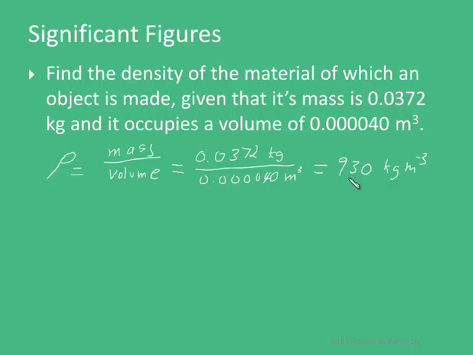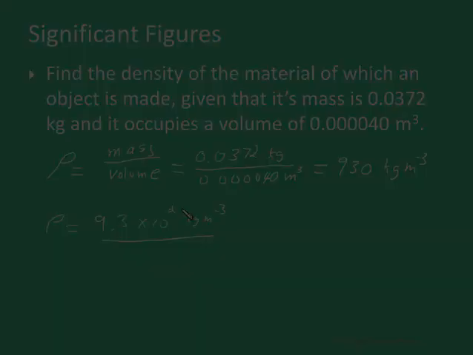Here, as we have this number, we are not able to communicate the number of significant figures. Somebody looking at this could not tell if it's 3 significant figures or 2 significant figures. So we report the density as 9.3 times 10 to the second power kilograms per meter cube. If for some reason we needed this number to have 3 significant figures, then we would simply say 9.30 times 10 to the second power.